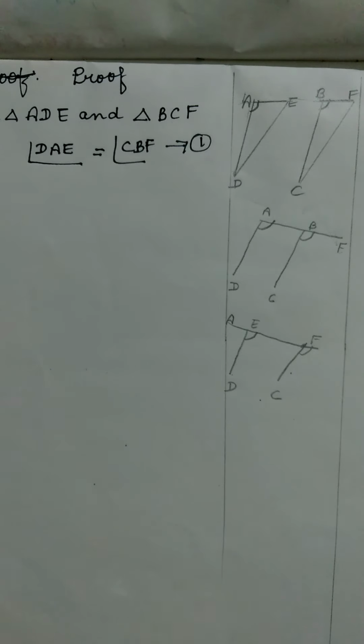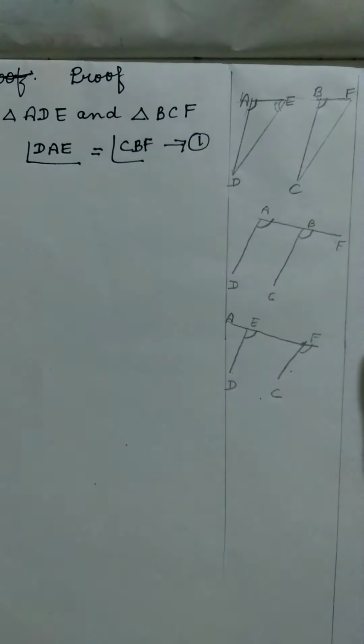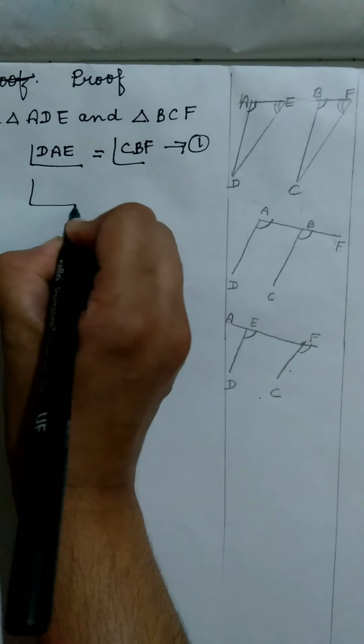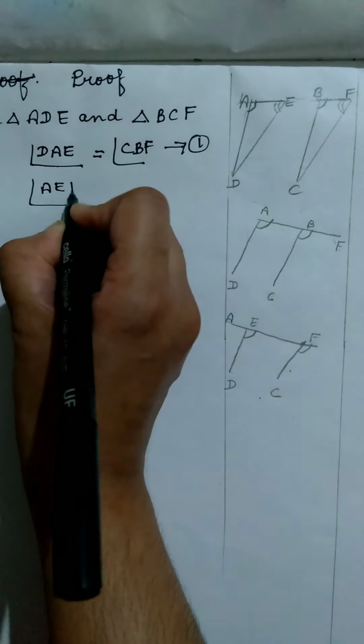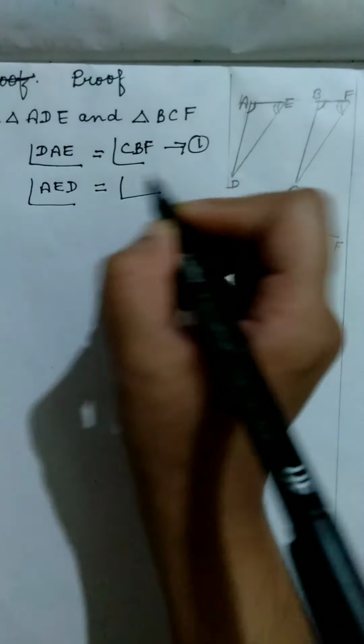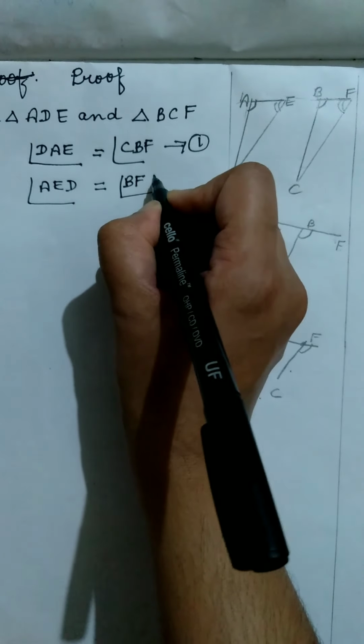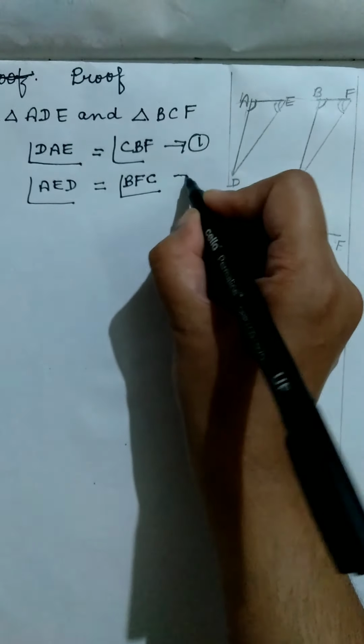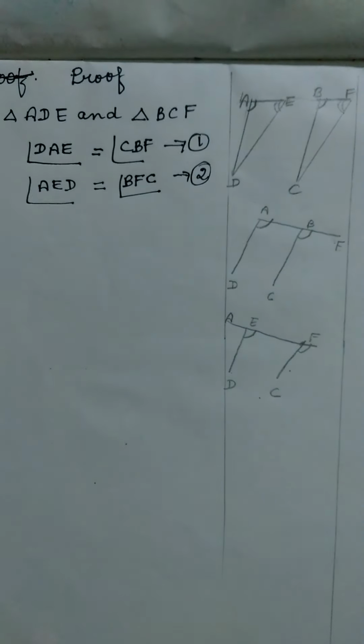So the corresponding angles are formed at angle E and angle F. Represent in those two triangles angle E and angle F. And that can be written as angle AED is equal to angle BFC. Consider this as equation 2.